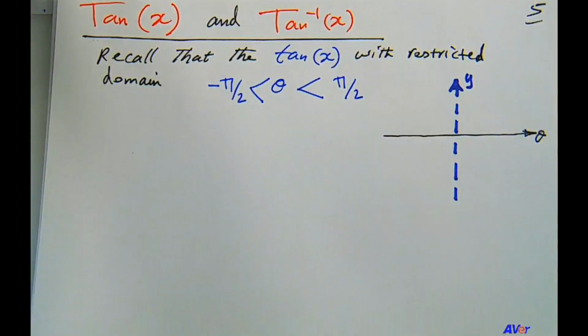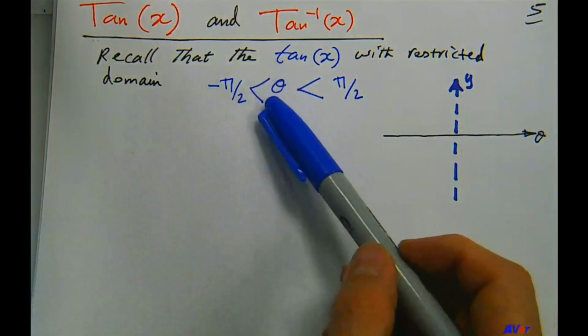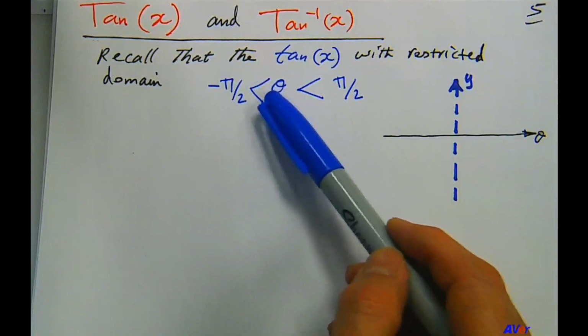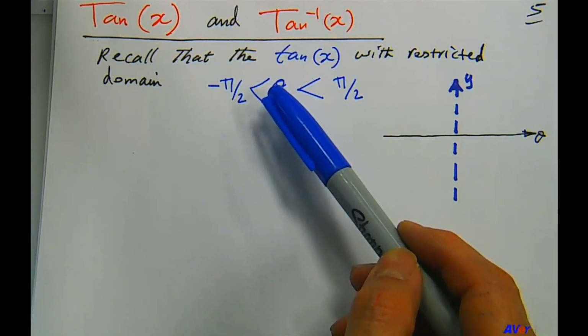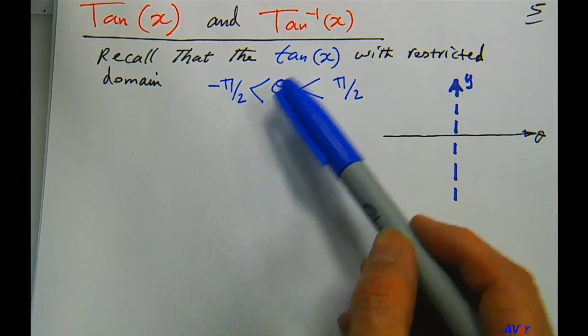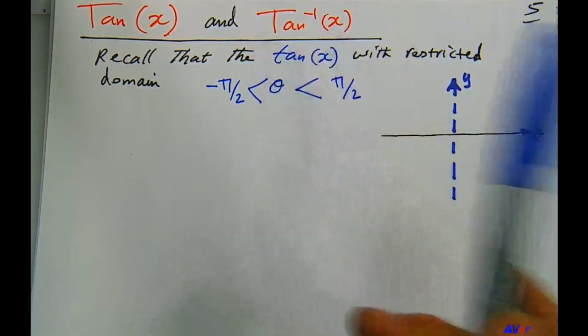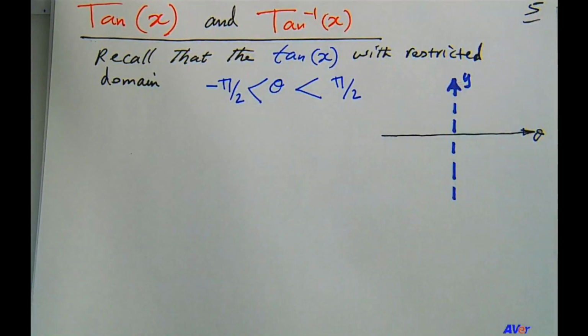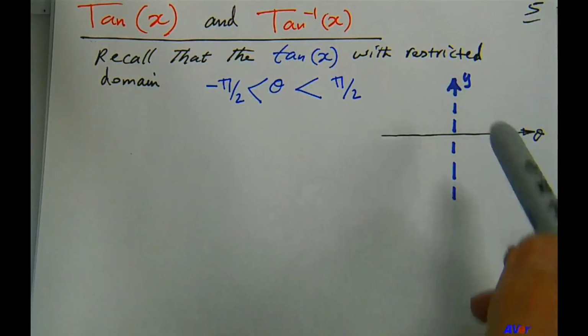Again, I'm thinking ahead to the inverse, the range of the inverse tangent function, but now we're talking about the tangent function. When we get to the inverse, this graph will make a little more sense.